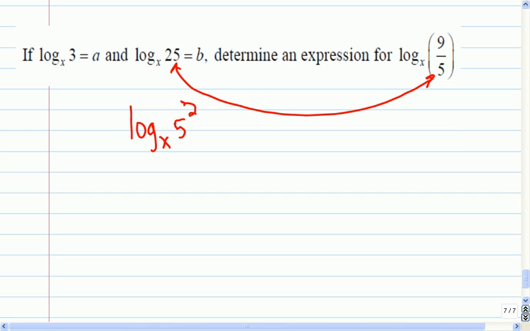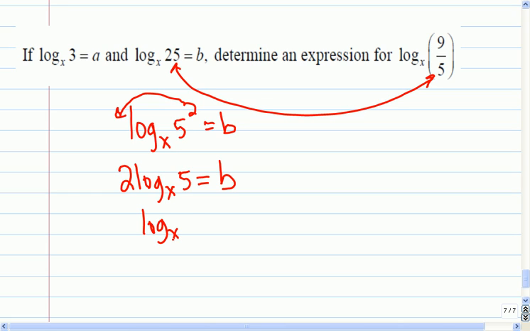So that means I would need to move it in front. So this would be 2 log x of 5. And these are all still equal to what it was before. So that means if I want to know what's the log base x of 5, well, it's actually going to be half of b. Why is it half? Because half is the square root. That's the exponent you were looking for.